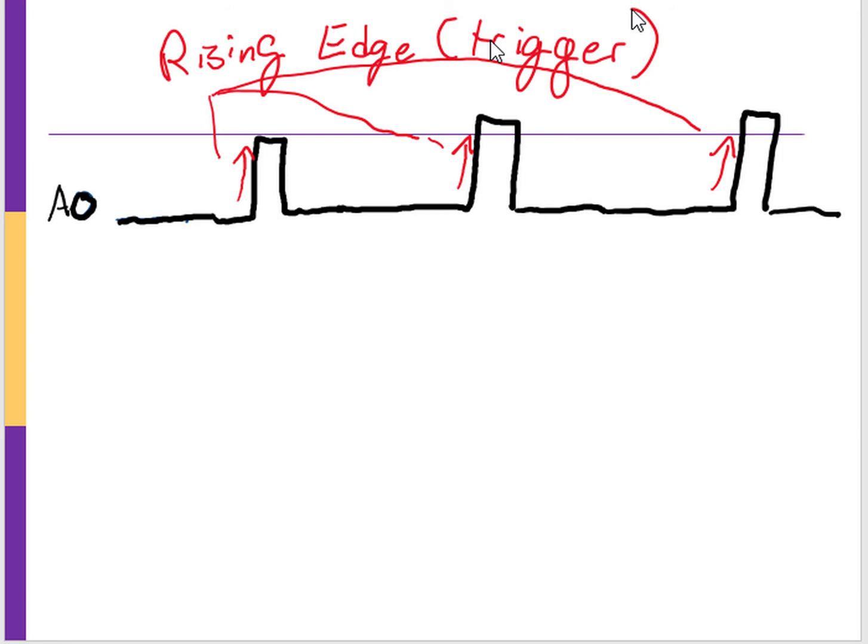Now, let's make sure that that's really clear, because this is where it's important to keep in mind when things should occur. What we don't want to have happen is that B continuously gets updated while this value is high.